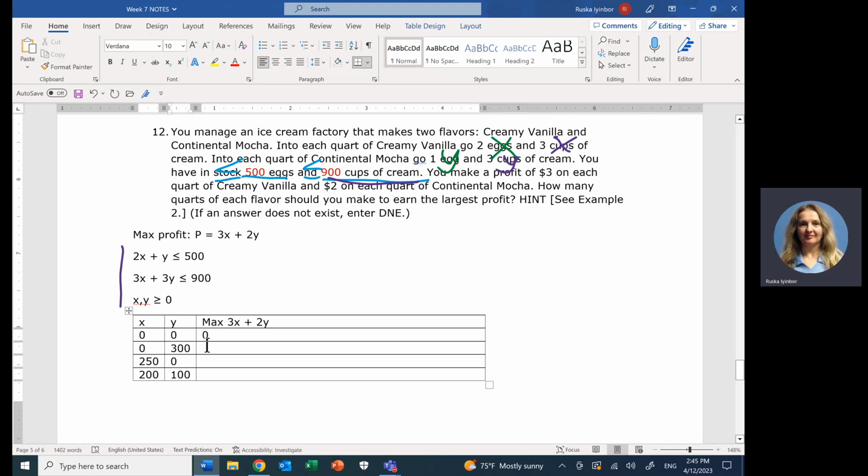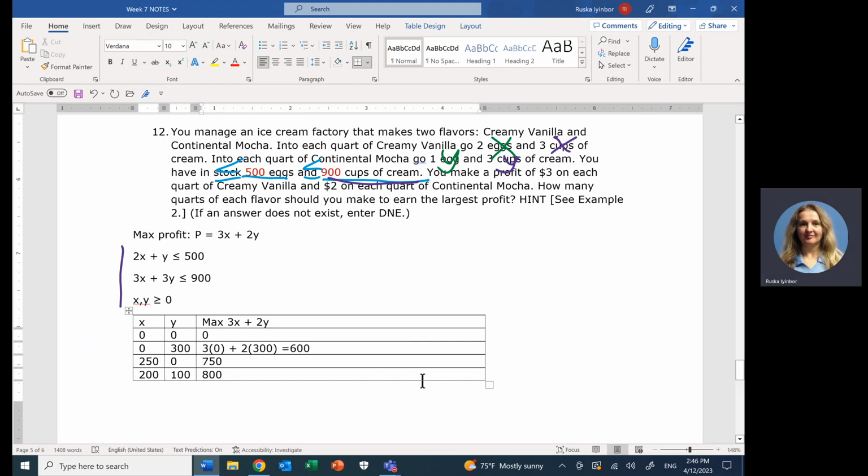So we're going to plug it in. The first one, 3 times 0 plus 2 times 300 is 600. Then the other one, we have 3 times 250 is 750, plus 0. And then the last one is 800. Actually, let me write down how I get this. So I'm going to have 3 times 0 plus 2 times 300. That's 600.